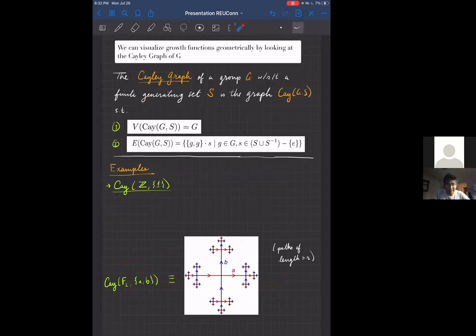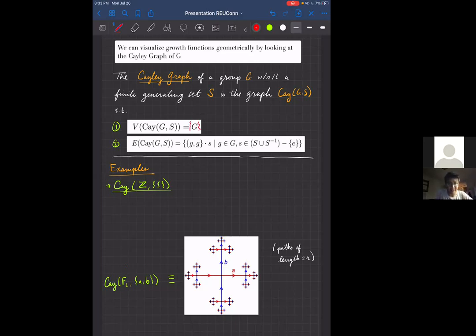Many things in geometric group theory include what's called a Cayley graph, which is a graph that we can associate to any group for a nice geometric way of understanding intrinsic properties of the group. And the properties of this graph are that the vertex set of the graph is just the set of elements in G. Maybe I can draw squiggly brackets around this G to make that a little more explicit.